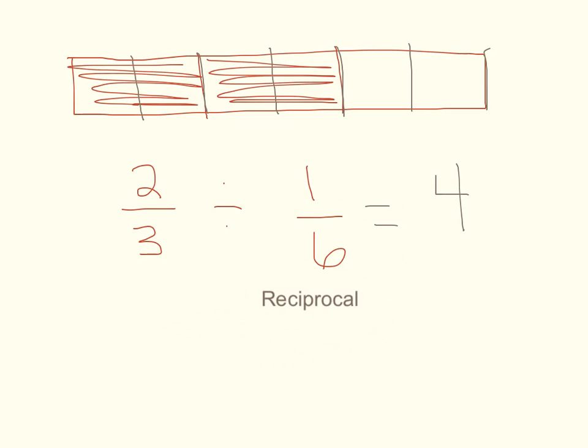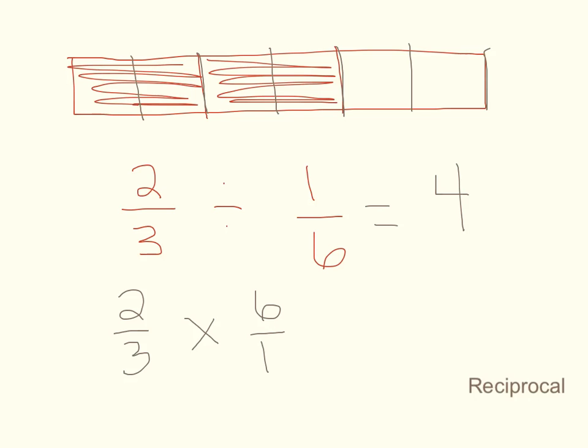In this problem, that means we would say 2/3. Instead of dividing, we're going to multiply, and the reciprocal of 1/6 is 6 over 1. So we get 12/3, which equals 4.